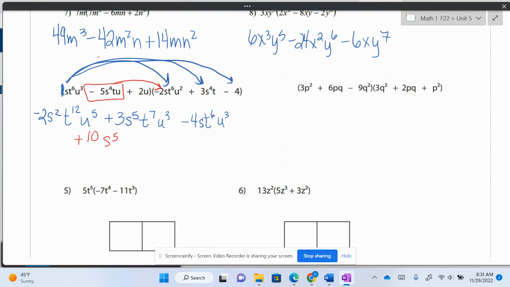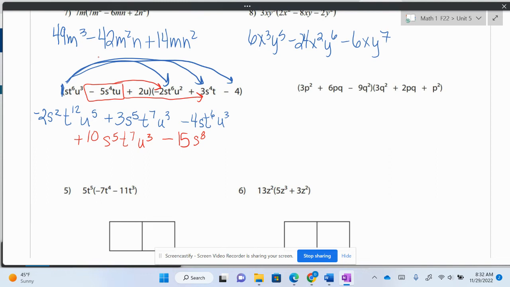T times t to the 6th is t to the 7th. U times u squared is u cubed. Now I'm going to take this -5 and multiply it by 3. That gives me -15. S to the 4th times s to the 4th is s to the 8th.